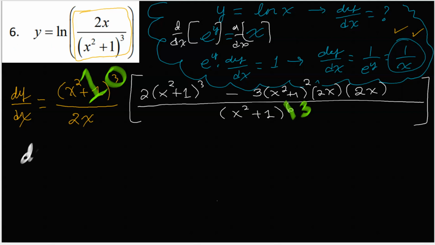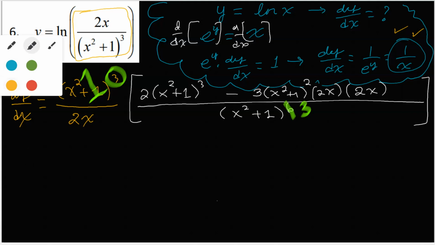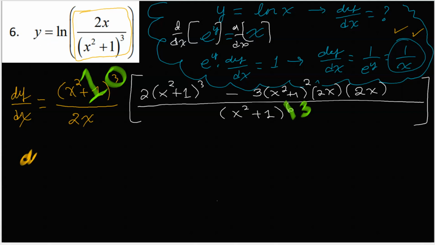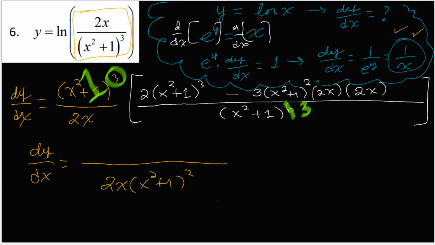So I will have dy dx is going to equal, on the denominator, 2x times x squared plus 1 to the third.